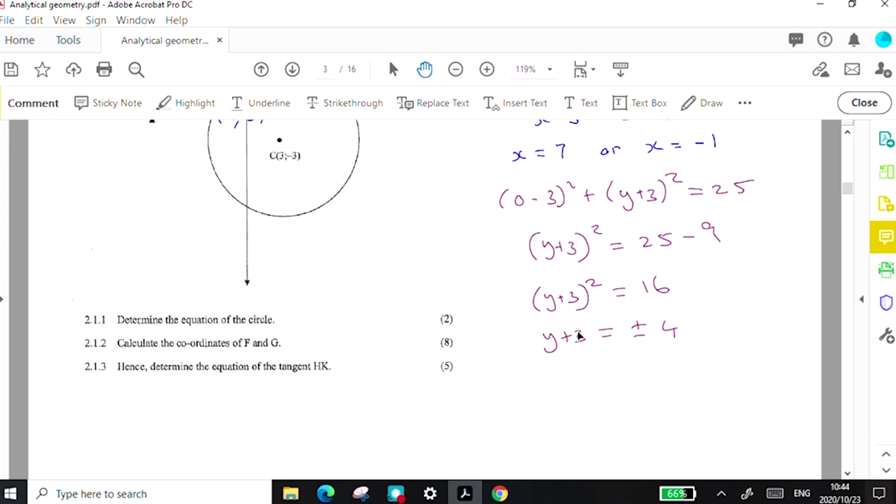When this value is positive, we get y equal to 4 minus 3, which is equal to 1. When this value is negative, we get y equals minus 4 minus 3, which is minus 7. So y is either equal to 1 or y is equal to minus 7.